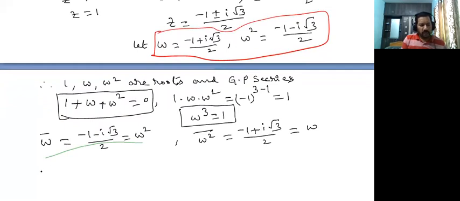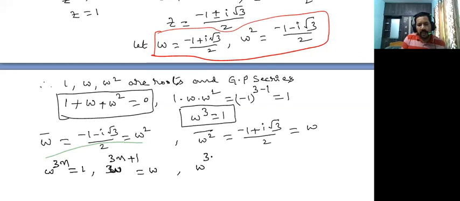Next, one more property. What does that mean? Omega cube value is 1. That means omega power a multiple of 3 gives us 1. Omega power 3n plus 1 is omega.